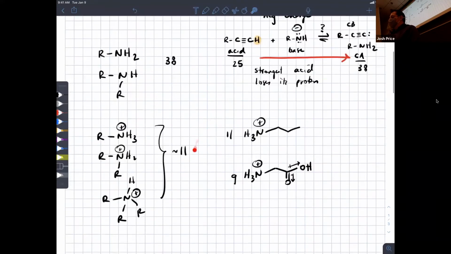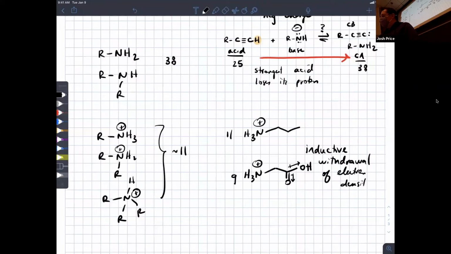Similarly, if you look at this comparison, you might not know that this nitrogen had a pKa of 9, but based on the concept of inductive withdrawal of electron density due to nearby electronegative groups, you could predict that the lower ammonium ion would be a stronger acid than the upper one. So be able to use those principles to make comparisons even in the absence of pKa data.